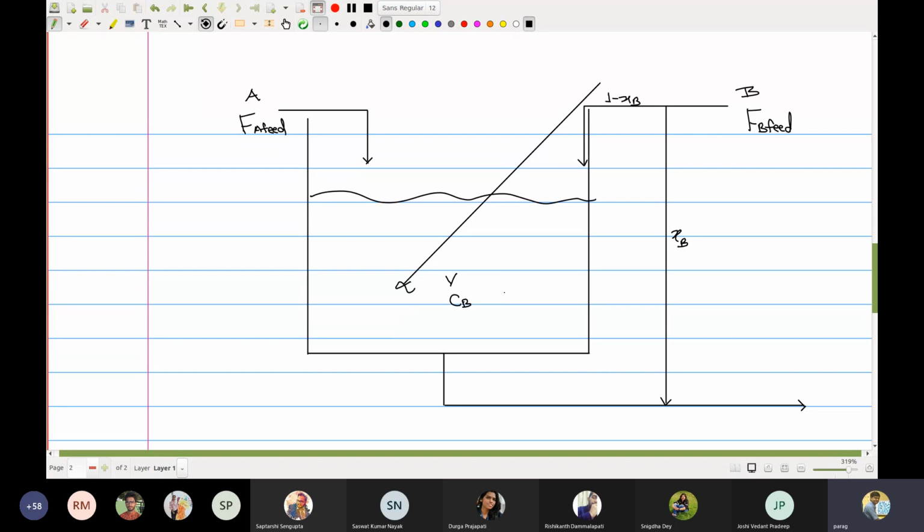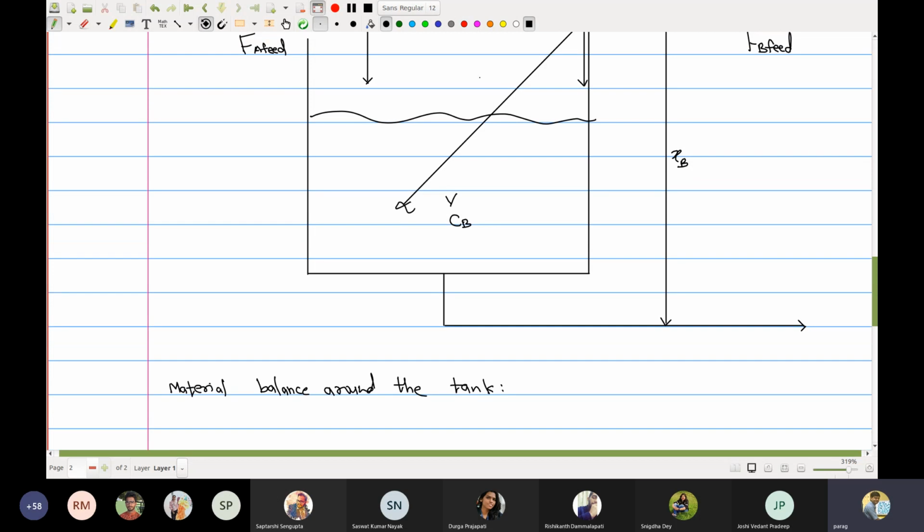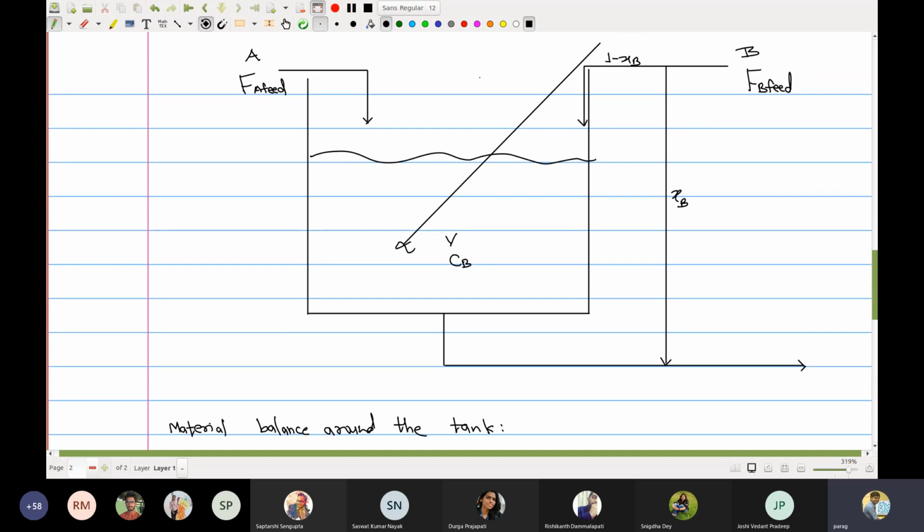So the first model equation which we will write is the material balance around the tank. Okay, so again input minus output equals accumulation.